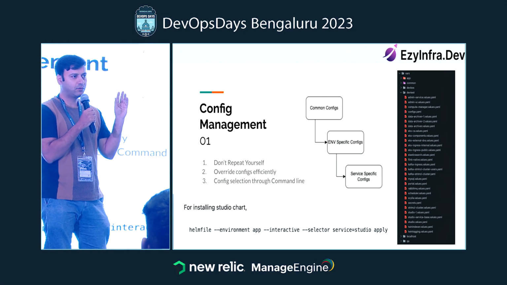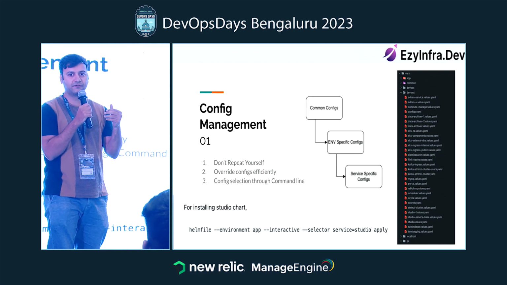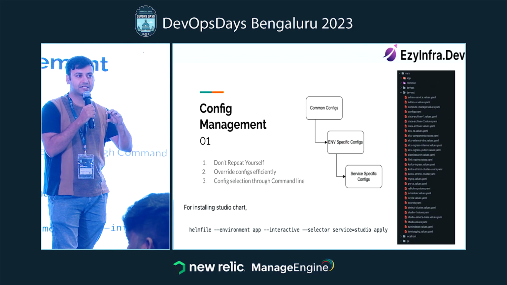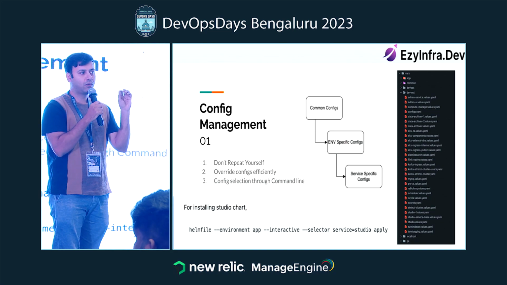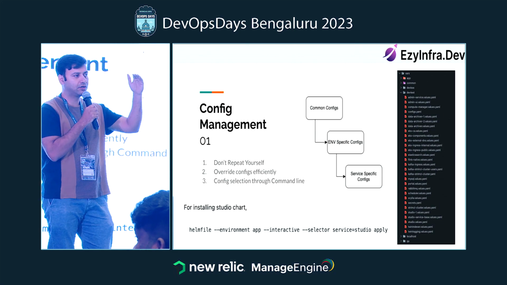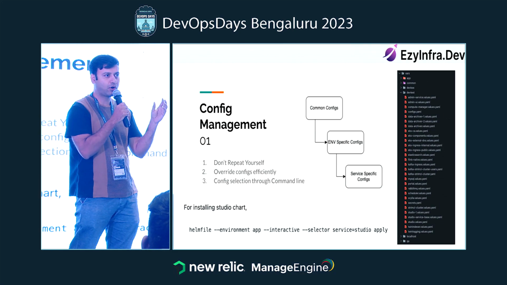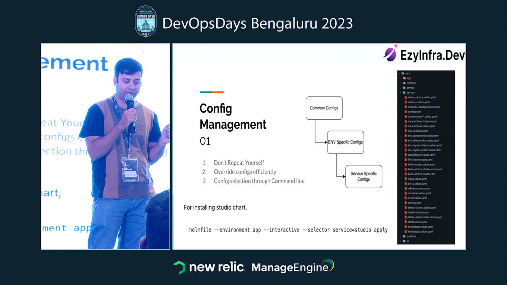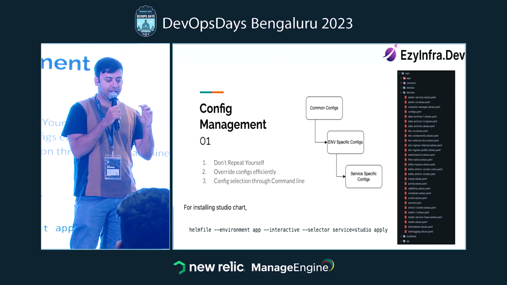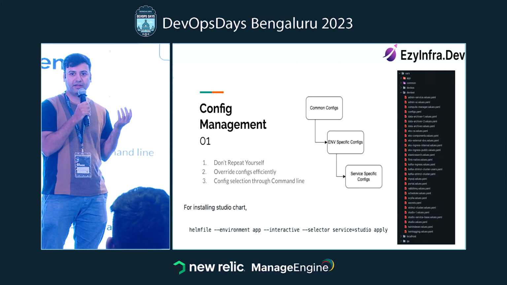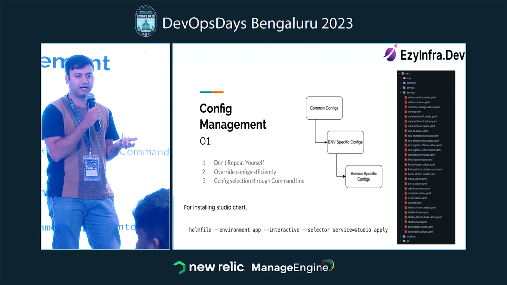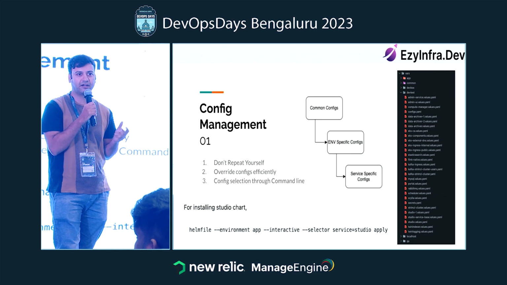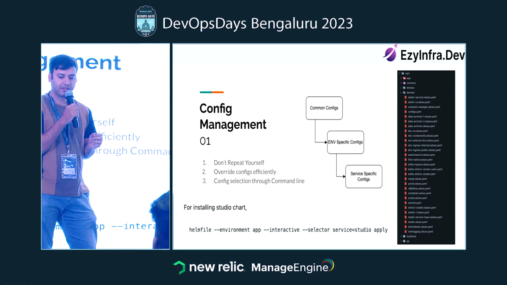I say what the environment is, development or staging, and what the service is that I want to deploy. This particular command will resolve everything. It knows the exact configuration to apply, because it will go through the hierarchy, pick up the proper configuration, and then apply it. So this don't repeat yourself is a very good thing for us, along with the config overrides and the config selection using a single command and flags. That's the beauty of it.